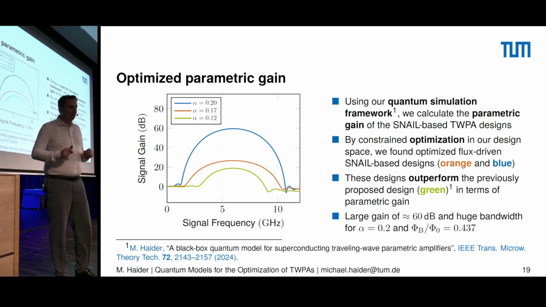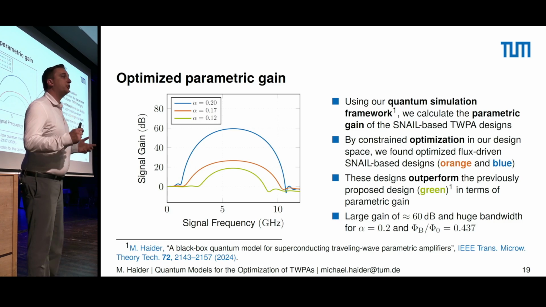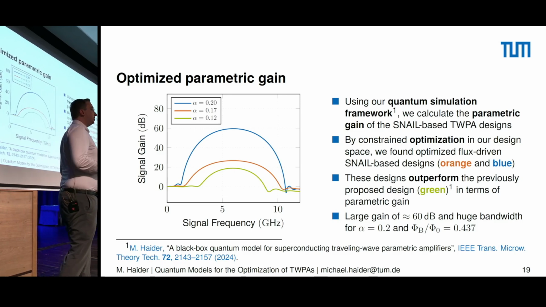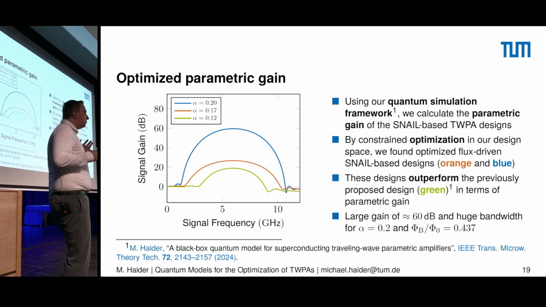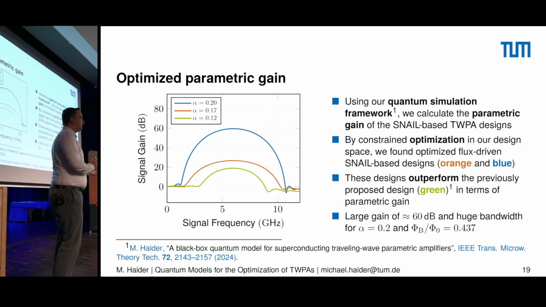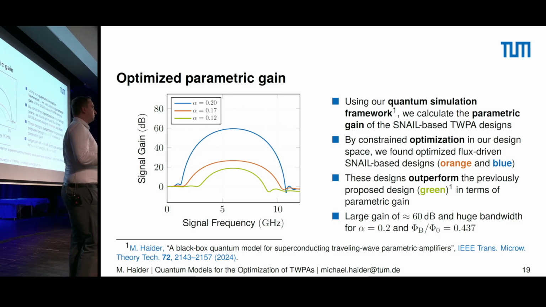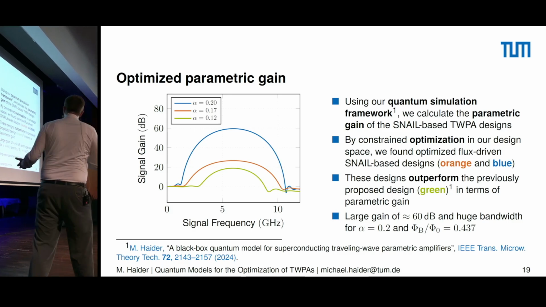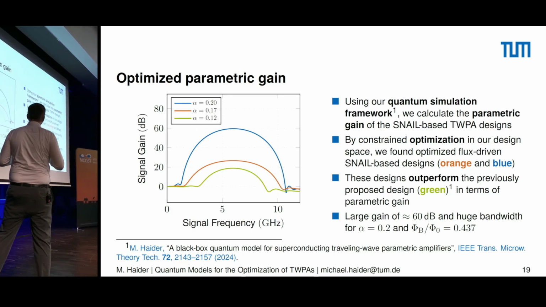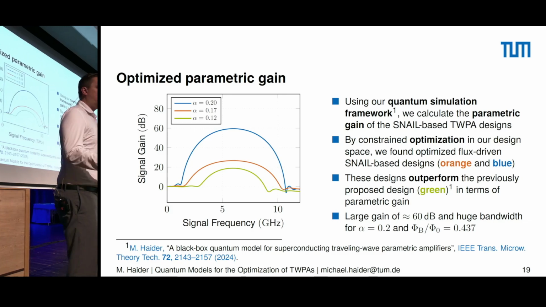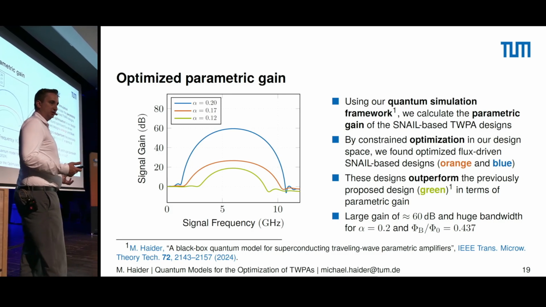I wouldn't trust my own model because we had these approximations, and we had the stiff pump approximation. And for a gain that is this large, even if you have just a bunch of microwave photons at the input, it gets amplified down the line, and at some point the stiff pump approximation becomes invalid. It still assumes it. So we need ways to go beyond the stiff pump approximation for further optimizations.